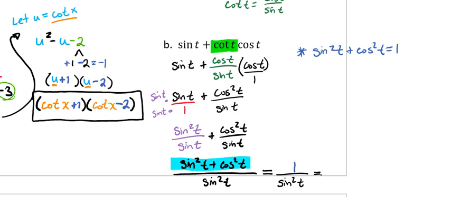And 1 divided by the sine of t is the reciprocal identity for the cosecant of t. And that is going to be our answer.